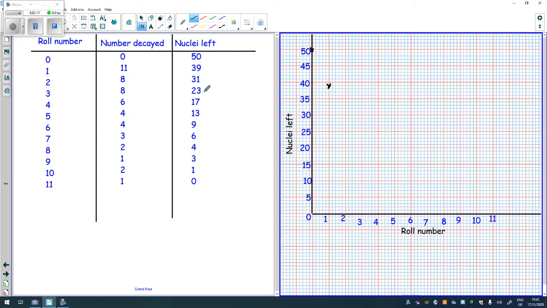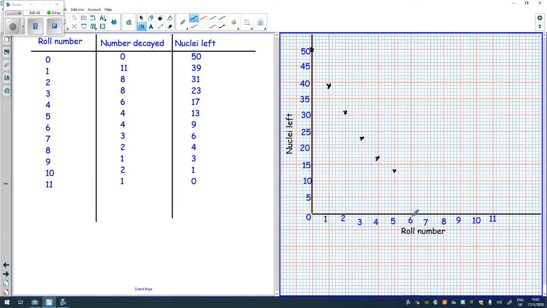Then roll number 2 was 31, so that's going to live there. Roll number 3, 23, so that will be there. 4, 17, it's going to look like that. Number 5, 13, so 10, 11, 12, 13.